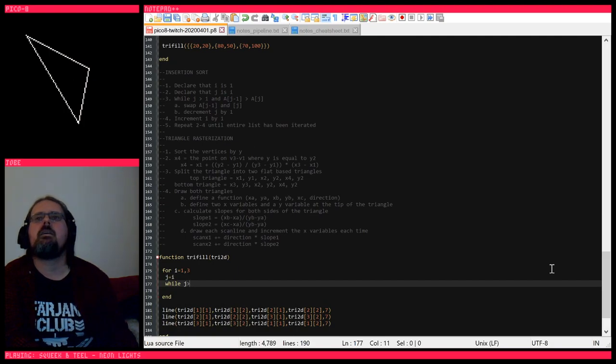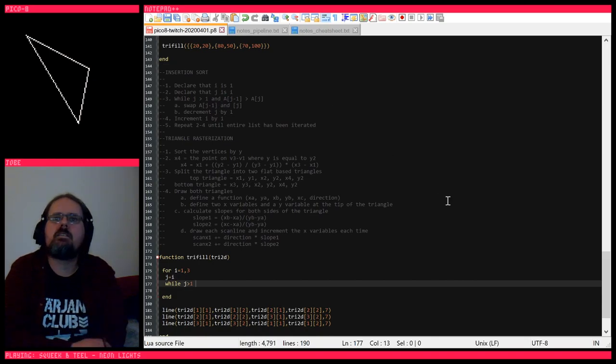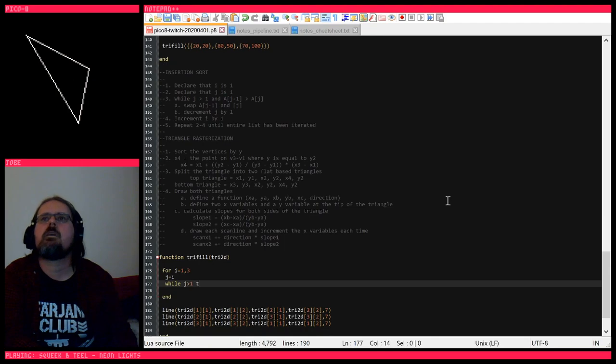While j is greater than 1, which it's not going to be at all in the first iteration, and our sorting criteria, which is going to be y, or the second entry in the array index. So while j is greater than 1 and try to the j minus 1, 2 is greater than try to the j, 2.